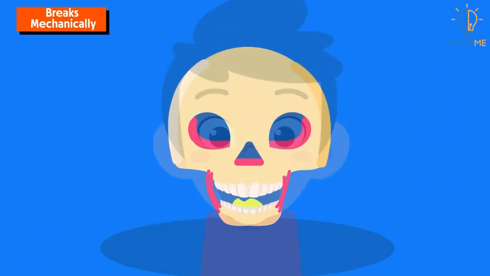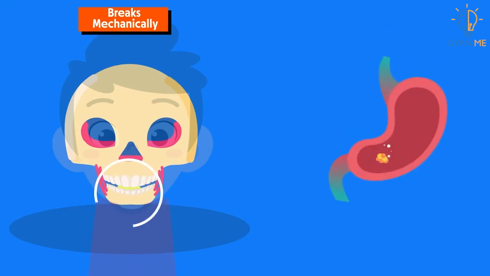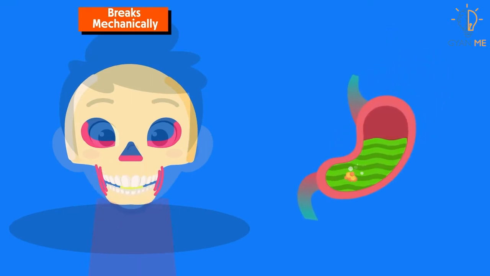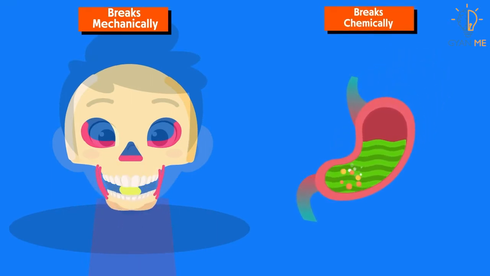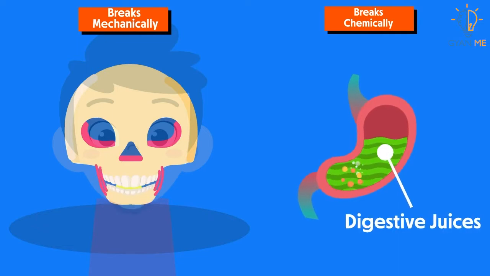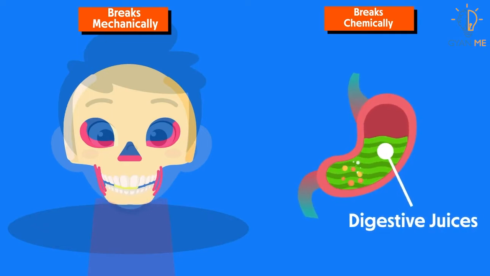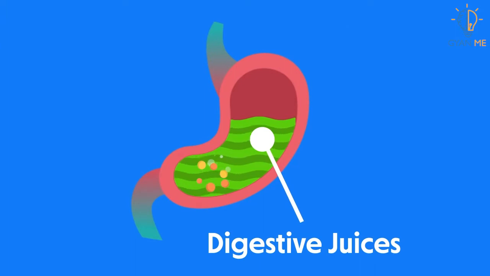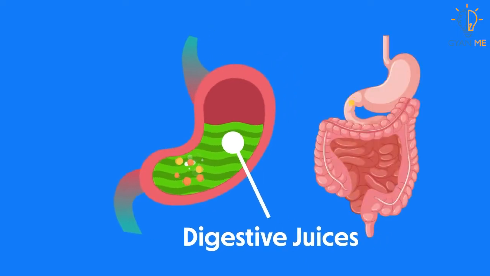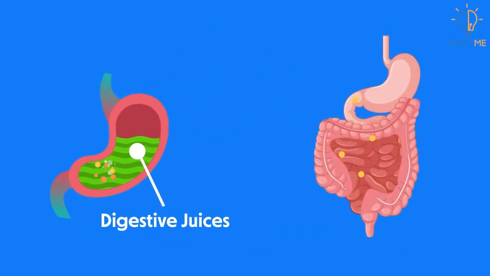The smaller food particles are further broken down chemically with the help of various digestive juices in the stomach and small intestine. This chemical degradation converts the food particles into substances which can be easily absorbed in the small intestine.